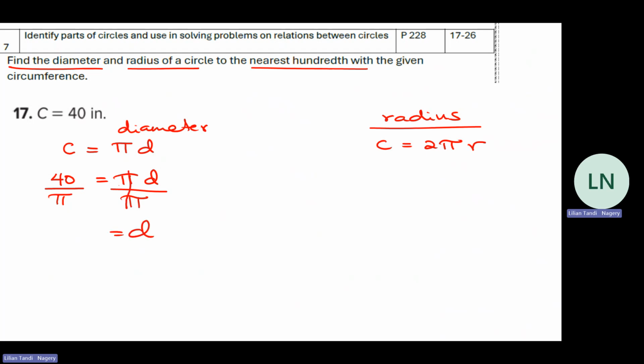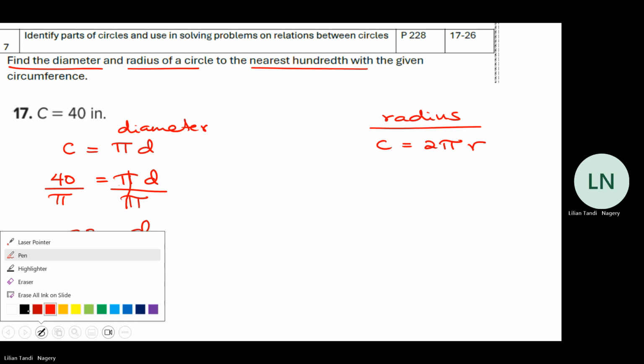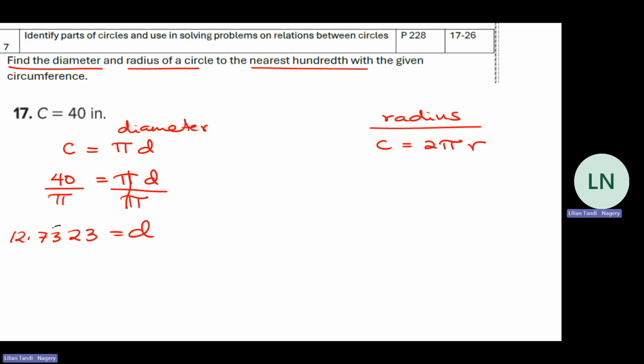In your calculator, you're going to do 40 divide, shift, then go all the way down there to times 10 to the power of x to get pi, and you're going to get 12.7323. The question asks you to round to the nearest hundredth. The hundredth place is the second digit after the decimal.